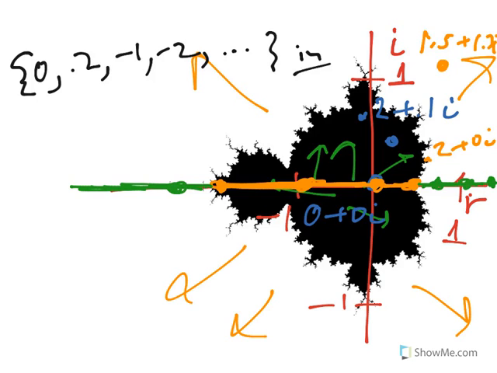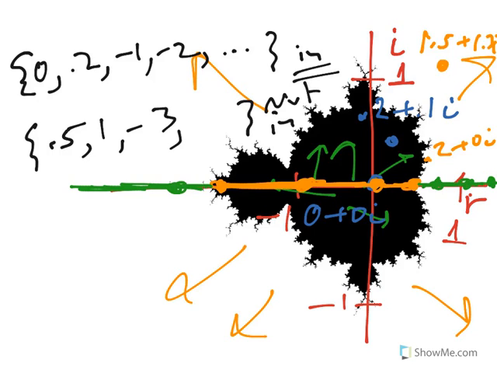Those are in, whereas numbers like 0.5 and 1 and -3 are not in. And if I color all the points that represent these numbers on the complex plane black, and I color all the ones that are not in white, I get this unusual picture.